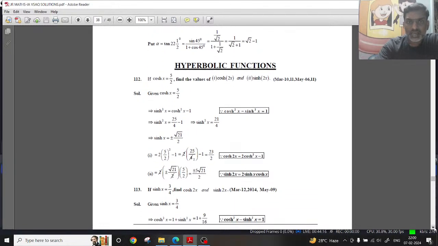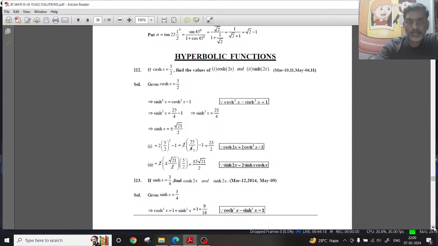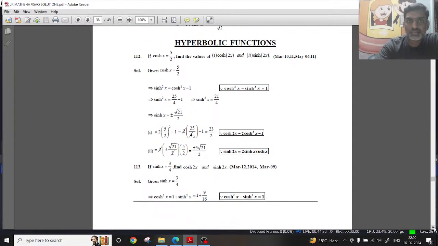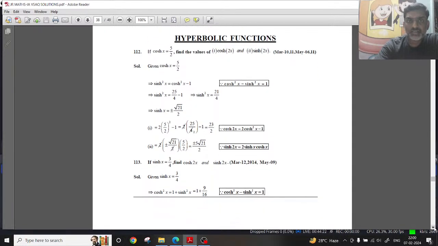Next, hyperbolic functions. From question number 112 onwards, hyperbolic functions is there. From these hyperbolic functions also we can expect questions. Let us see question number 112. Cos hx is given.